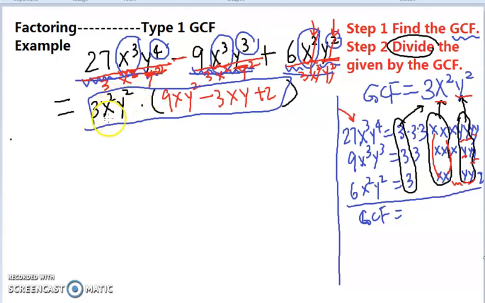Now, last distribute one more time. 3 times 2, 6. x squared times nothing will be x squared. y squared times nothing will be y squared. So no more y to multiply, so they stay the same. Okay, so this is how we use GCF to do factoring.